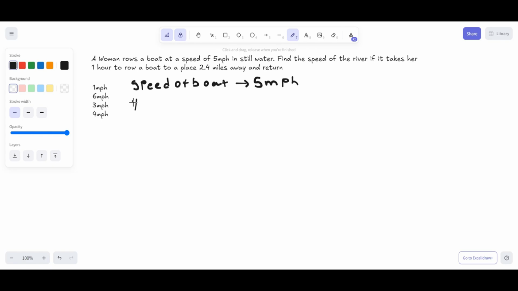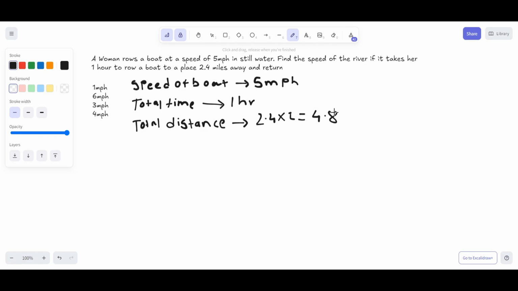The total time for the round trip is 1 hour. It is given. And the total distance for the round trip is 2.4 into 2, because we have to return also, right? So the total distance is 2.4 into 2, that becomes 4.8.